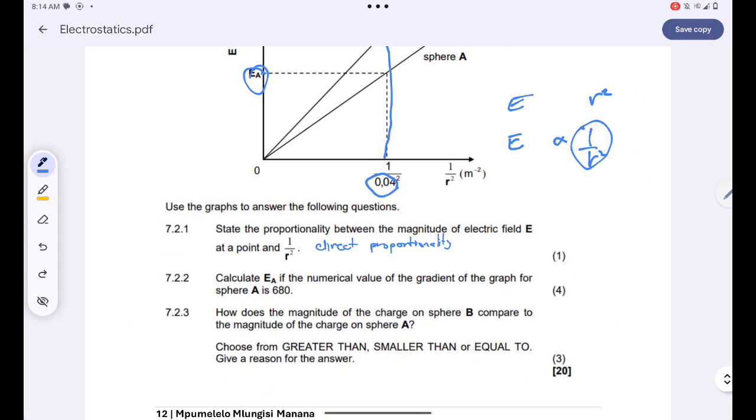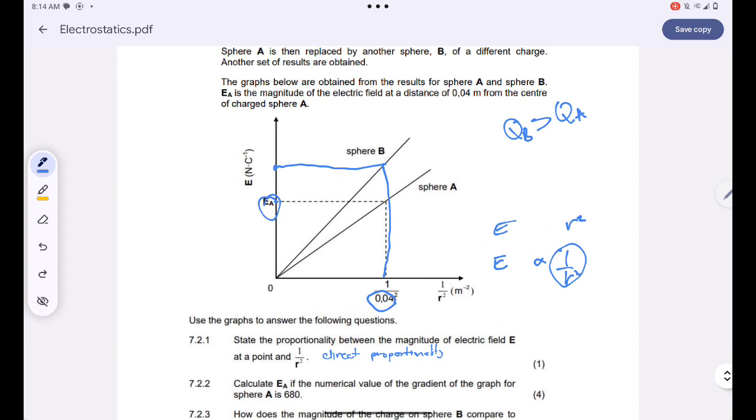Okay, we are told to calculate the electric field due to charge A if the numerical value of the gradient of the graph is 680. The gradient of the graph, guys, is basically change in y over change in x, so that's basically E divided by 1 over R squared.